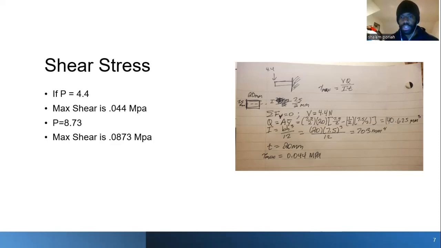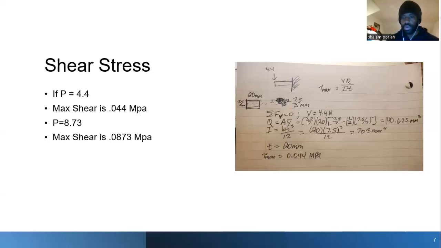Summing the forces in the vertical direction to be zero, V would be 4.4 newtons. If we're going to solve for Q, we have to use the area times the distance to the centroid. Since we're solving for the max shear, we actually use the neutral axis, which is located 7.5 divided by 2 millimeters from the top.